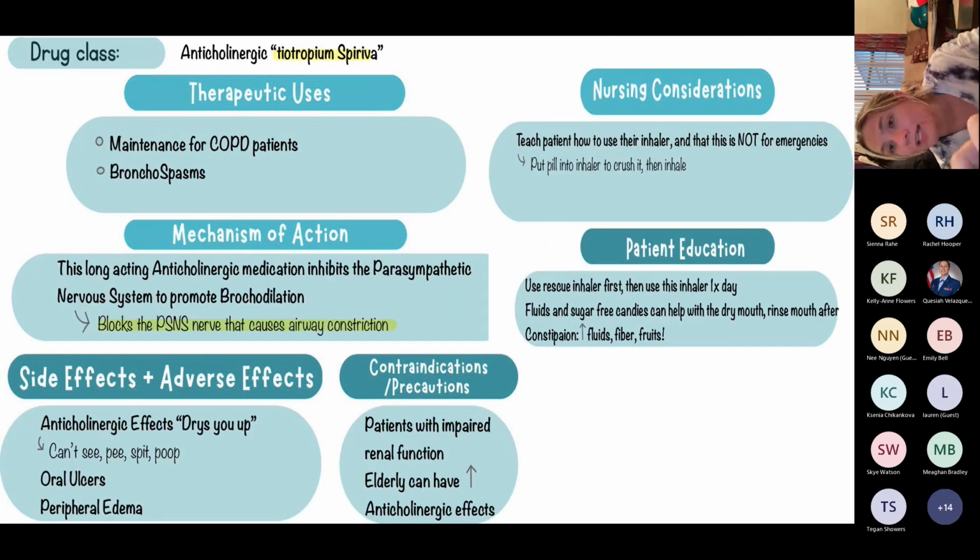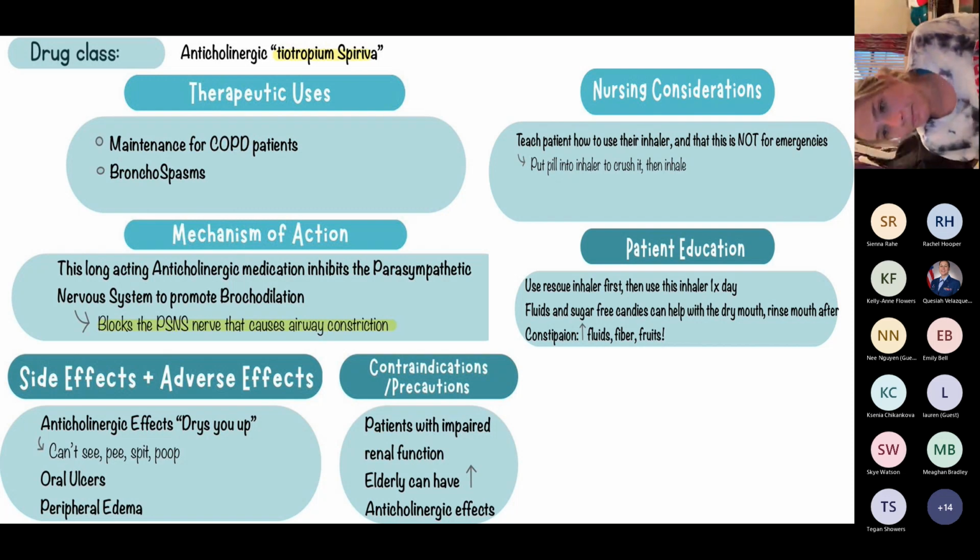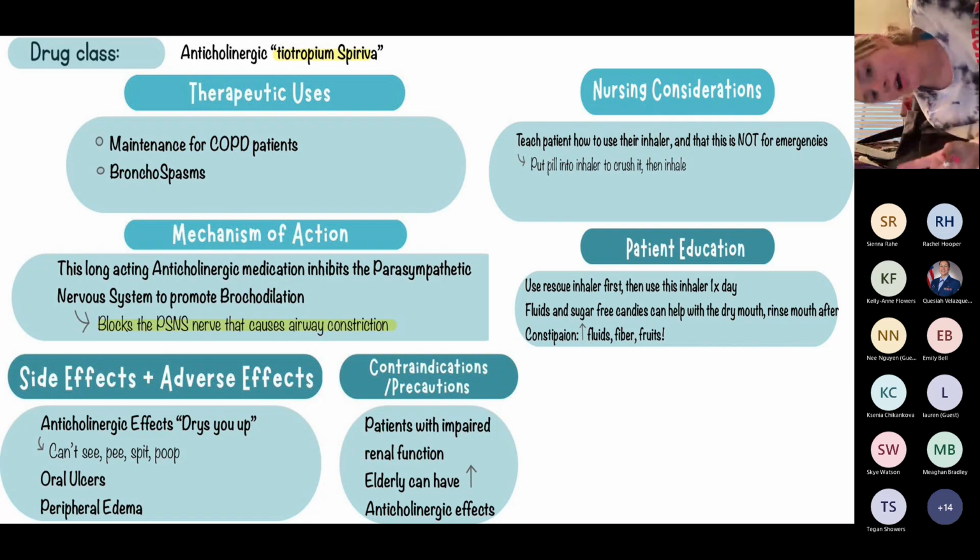Up next, we have our anticholinergics, also known as our tiotropium, Spiriva. What have we talked about all semester? The anticholinergic dries. Can't see, can't pee, can't spit, can't poop. Okay, those are our dries. What are we going to do for those dries? Increase your fluids, your fibers, and your fruits.